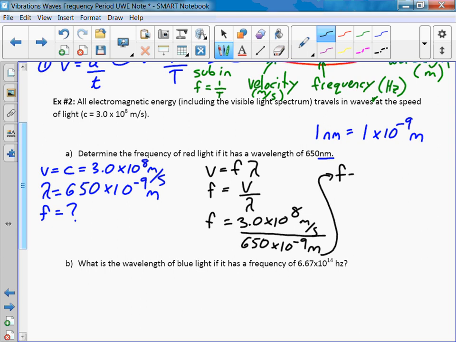I'm going to plug this in my calculator: 3 times 10 to the 8 divided by 650 times 10 to the negative 9 gives me 4.62 times 10 to the 14 hertz. So the light rays are oscillating very quickly. It's a super fast frequency. And that's the final answer.